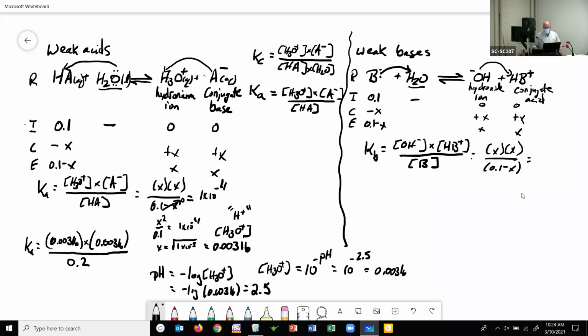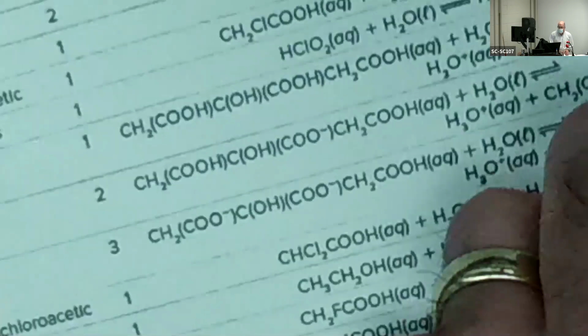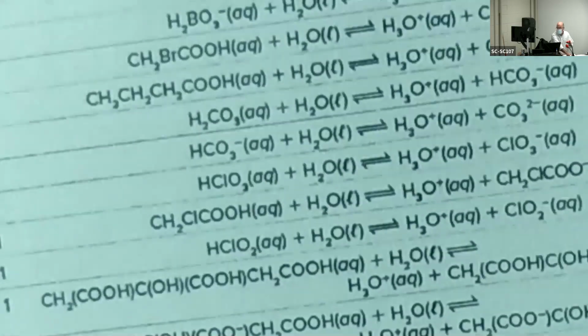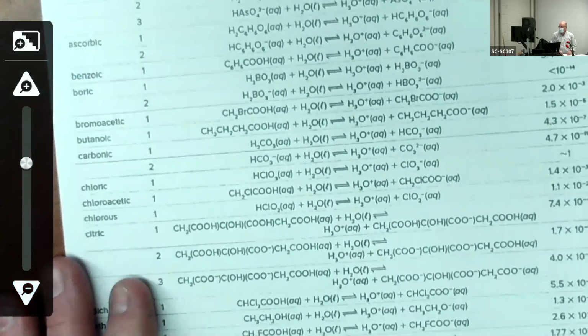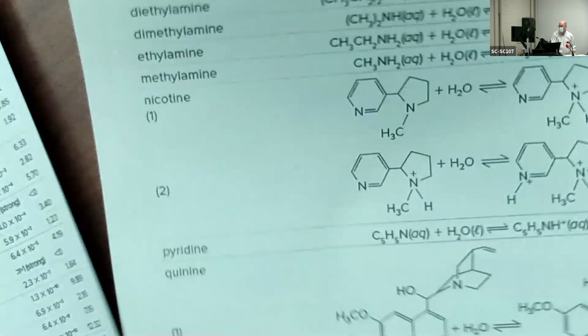Now, we need the equilibrium constant. And fortunately, there's a table for that. After the weak acid table, you turn the page, there are more weak acids, and then there's a table of weak bases.